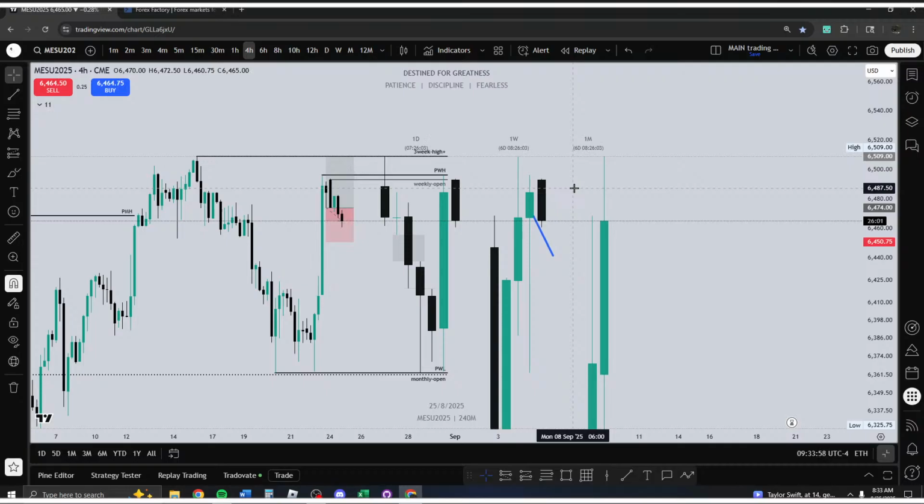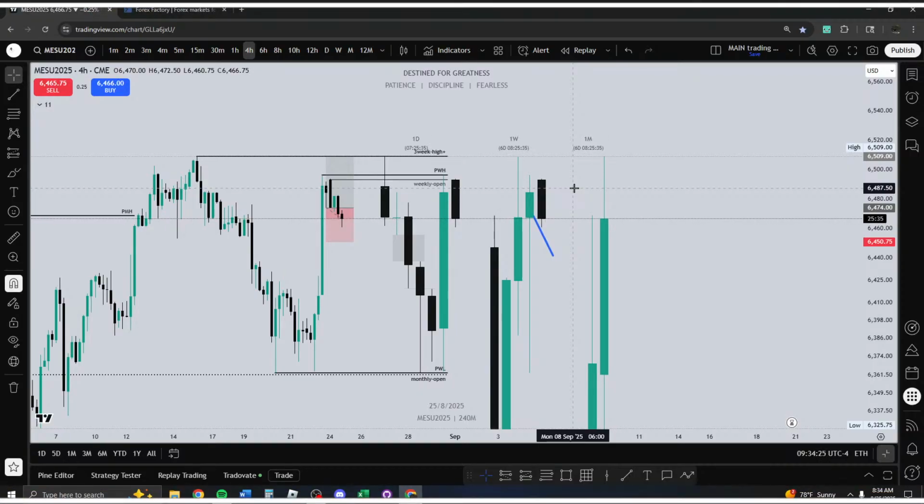With the way that we closed on that weekly candle, you can make the assumption that we should take out the weekly high. That's my weekly objective. I want to see us continue higher in prices in order to complete the weekly objective and possibly the 3-week objective.